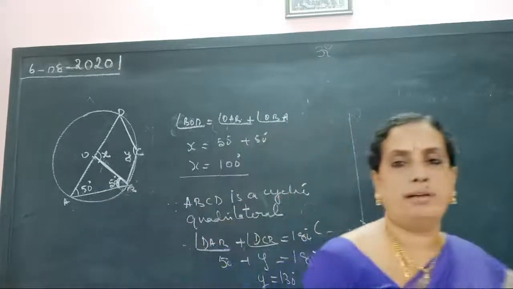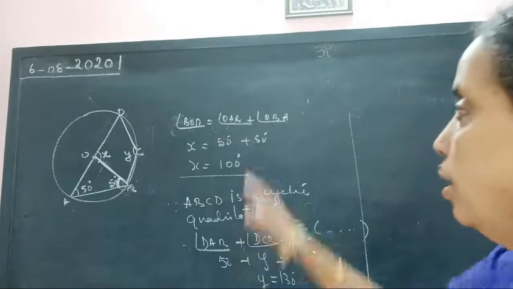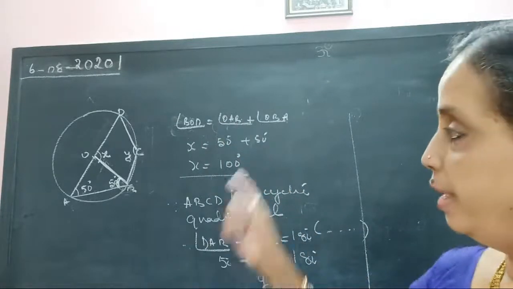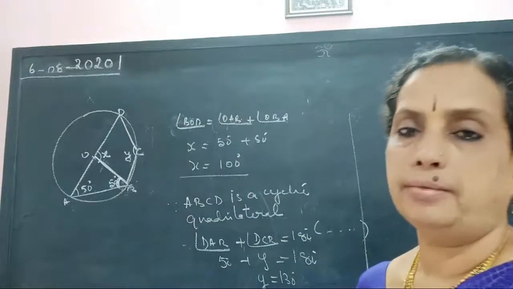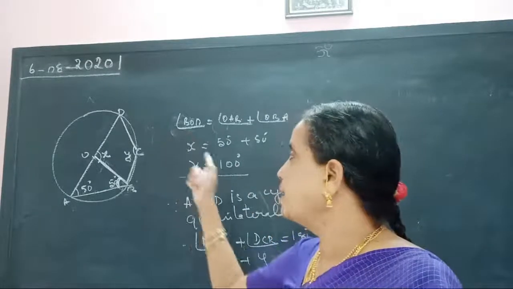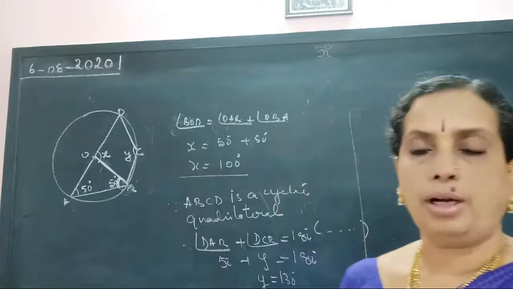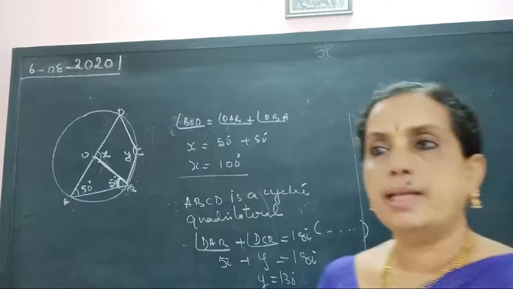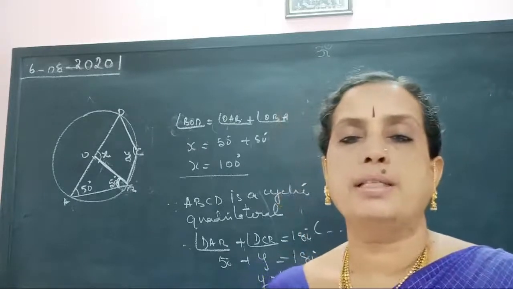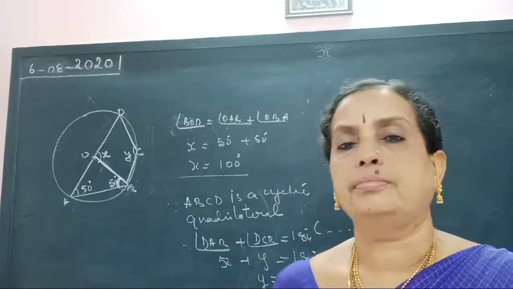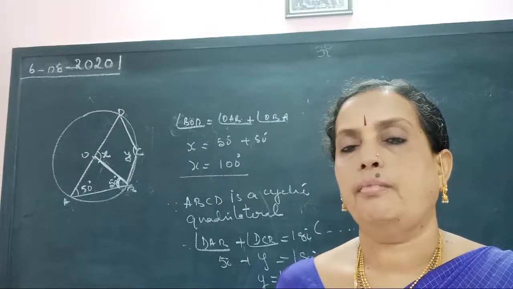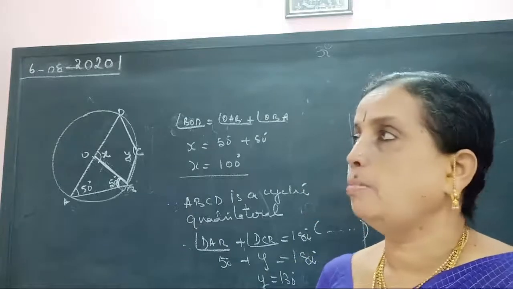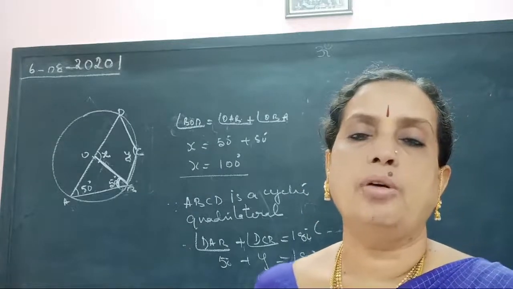Many of them will get confused, thinking ODCB is a cyclic quadrilateral. Is ODCB a cyclic quadrilateral or not? If it is not, what is the reason? Why is ODCB not a cyclic quadrilateral?